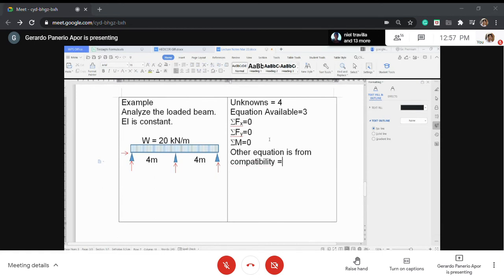So that is equal to 1. So that will be our solution. Our solution is the use of equilibrium plus compatibility.